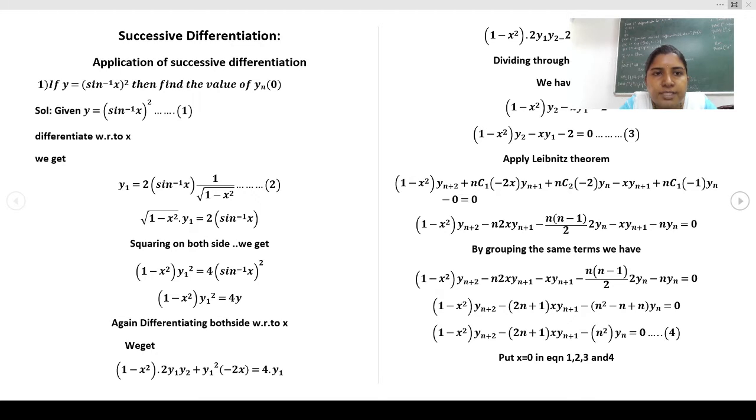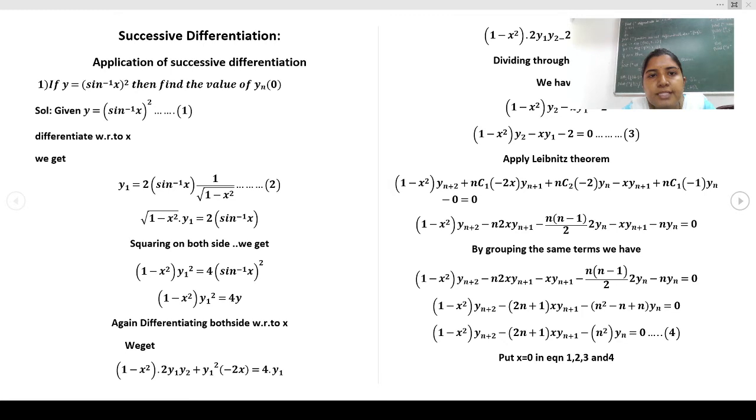We have y1 equals 2 into sine inverse of x into the differentiation of sine inverse of x, which is 1 divided by square root of 1 minus x square. We use the formula for differentiation of x to the power n, which is n into x to the power n minus 1. So the derivative of sine inverse of x whole square is 2 into sine inverse of x, into the chain rule, that is, the differentiation of sine inverse of x is 1 divided by square root of 1 minus x square. Consider that as equation number 2.